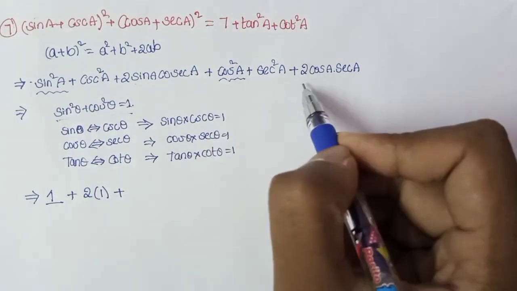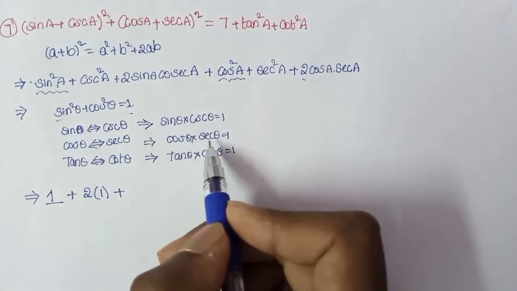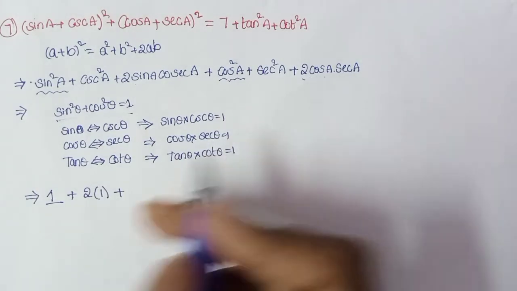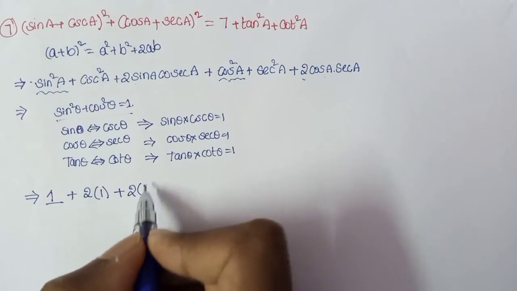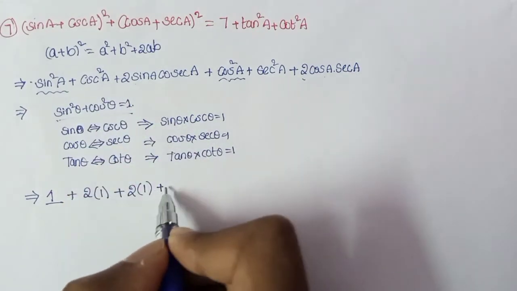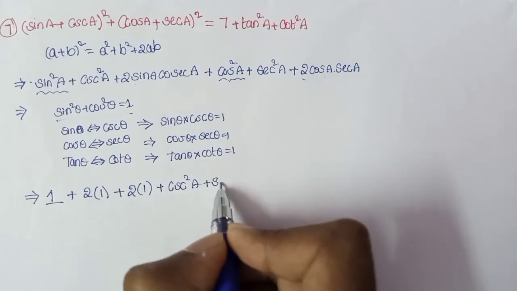Plus here also 2 into cos A sec A. Cos theta into sec theta is 1, so here also 2 into 1. And what you are remaining with? Remaining with 2 terms, that is cosec square A plus sec square A.